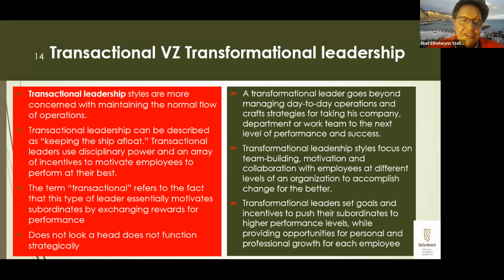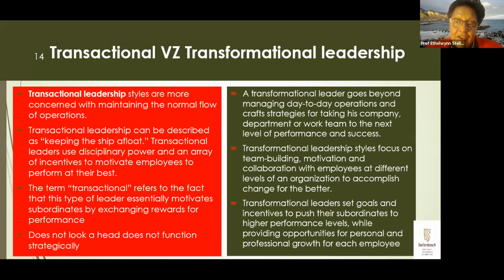The term transactional refers to the fact that this type of leader essentially motivates subordinates by exchanging rewards for performance, does not look ahead, and does not function strategically. While the transformational leader goes beyond managing day-to-day operations and crafts strategies for taking his company, department, or work team to the next level of performance and success.